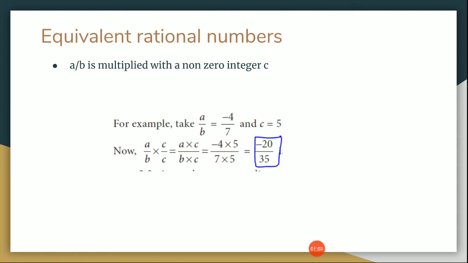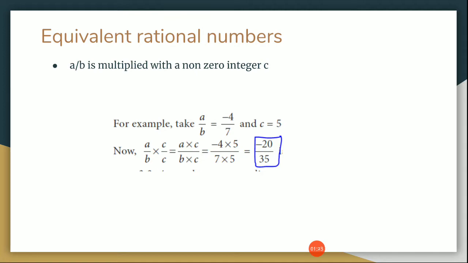Okay. Same way, we are going to find an equivalent rational number. They are going to give you a number. Suppose minus 4 by 7 is given, and you are going to find the equivalent rational number for that. That means you are going to multiply and divide with the same number. The value might change, but it is equivalent to the given number.